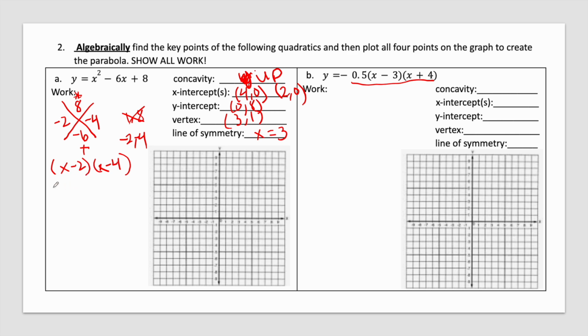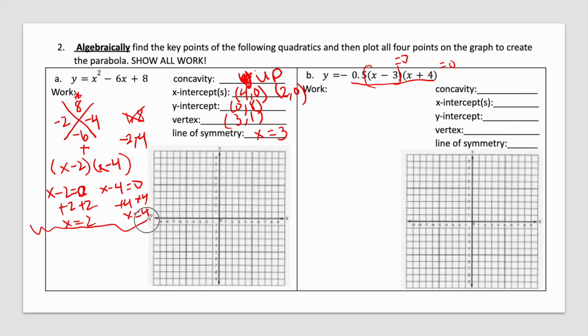If I set these equal to 0 using the zero product property, add 2 to both sides, add 4 to both sides, you get our x-intercepts of 2 and 4. X-intercepts always have a y value of 0, so that would be how I can find this algebraically. This one's a little bit easier because I can just set these equal to 0 to find these x-intercepts. We don't even have to factor it.